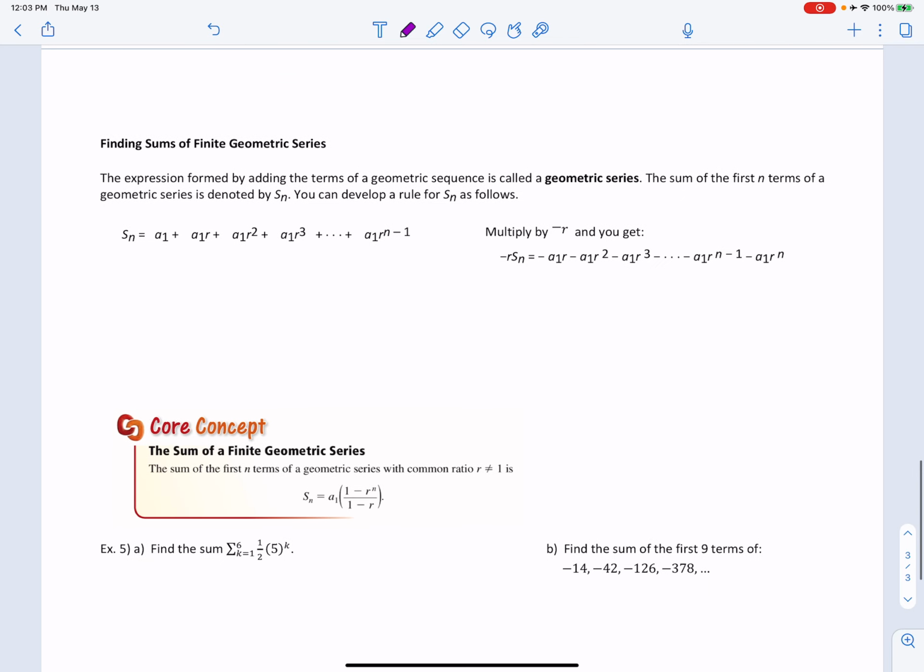All right, and then we have series for that geometric series, just like we have arithmetic series, and this is when you add up a finite number of terms in a series. And so we have this way of figuring out the formula that's kind of cool that I'm going to try to go through just kind of briefly.